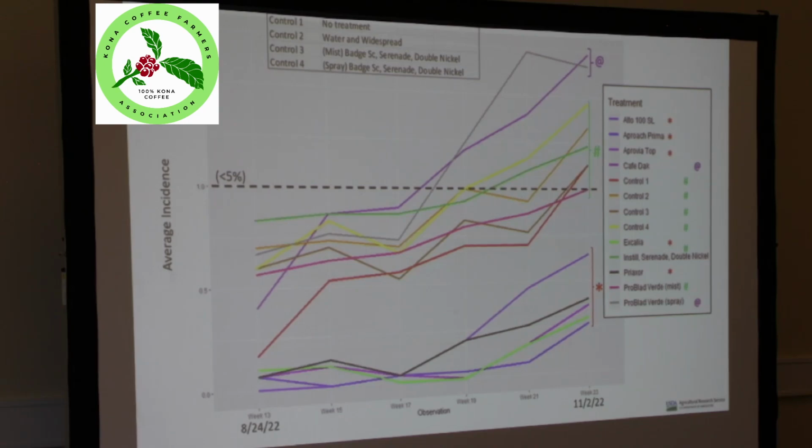And because the systemics and coppers helped keep the spores in check, this allowed for even a no spray control that was within that mix to have very low incidence for quite some time.